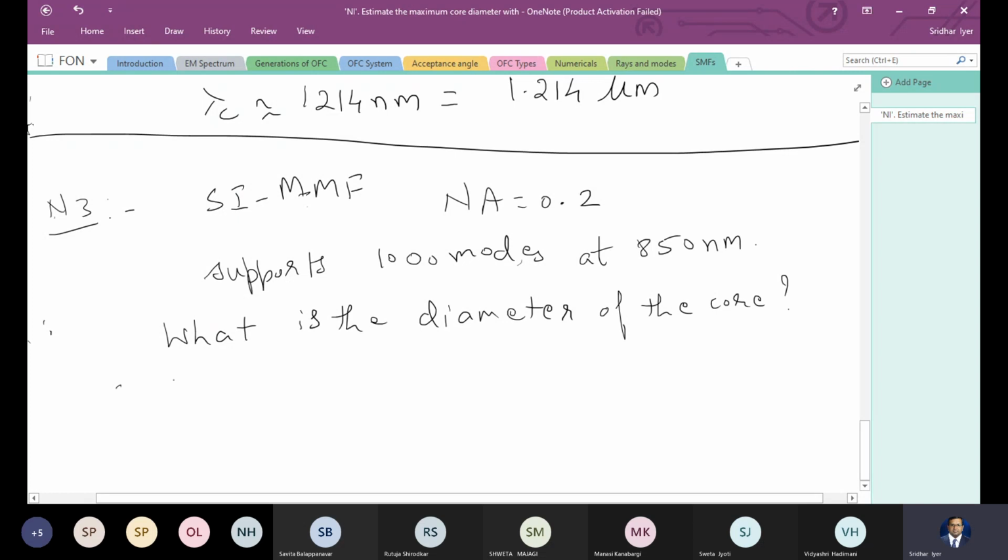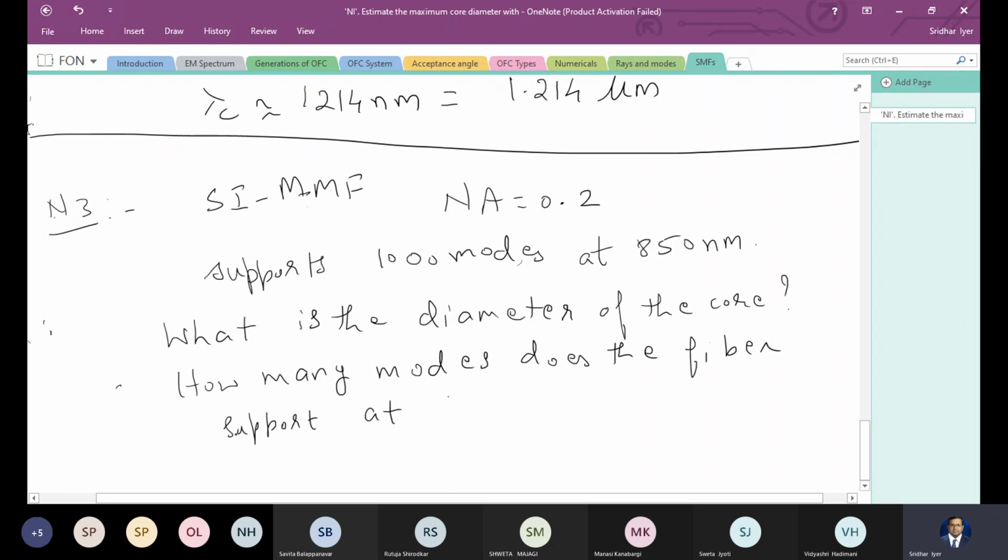And the following question is, how many modes does the fiber support at 1320 nanometer?